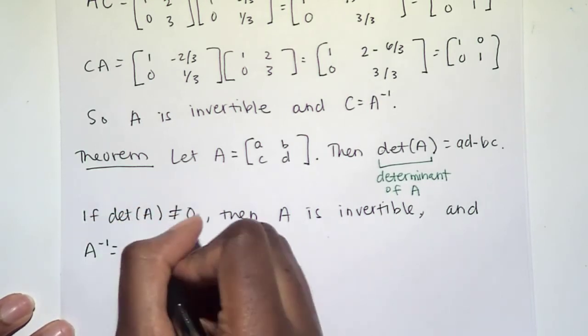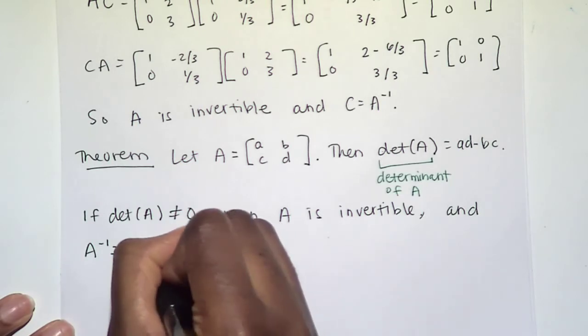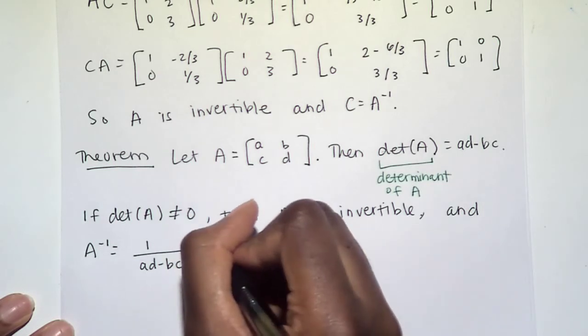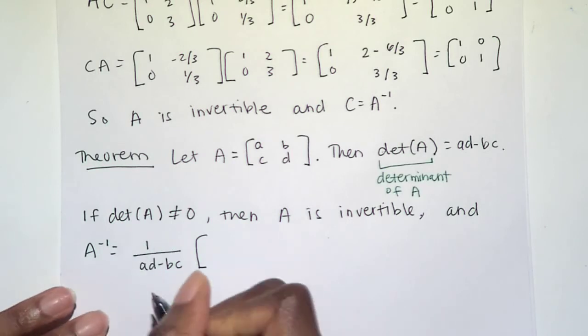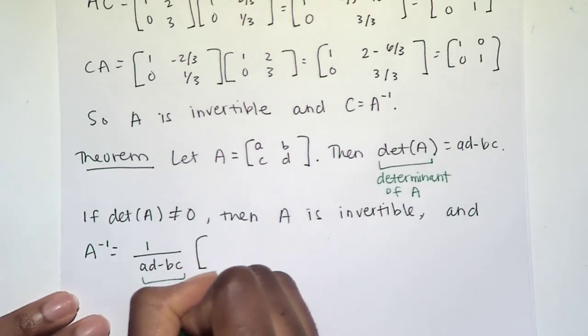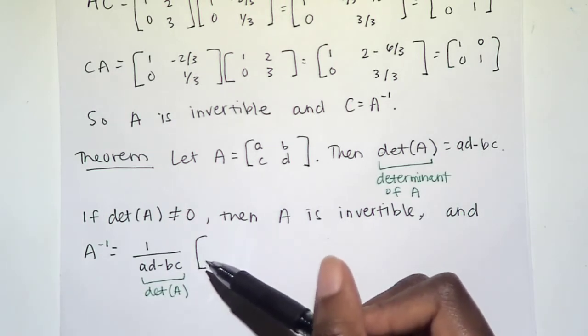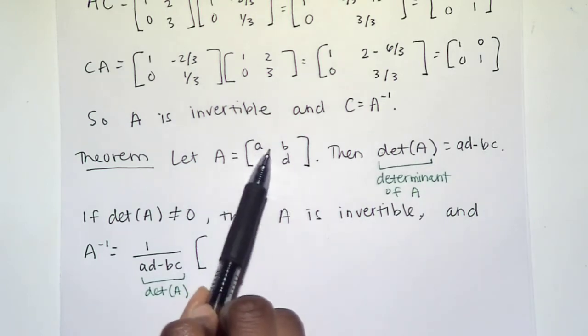A inverse is going to be 1 over AD minus BC times, so note, 1 over the determinant of A, and then for the matrix it's multiplied by, what we're going to do is we're going to switch the first two diagonals.